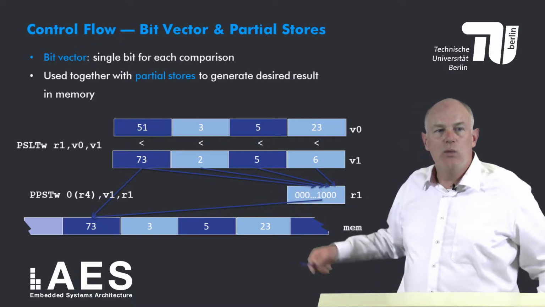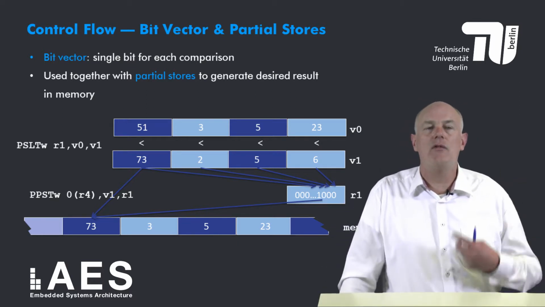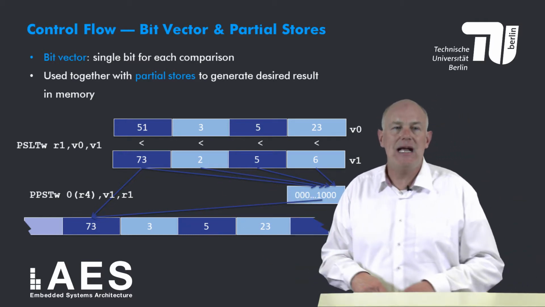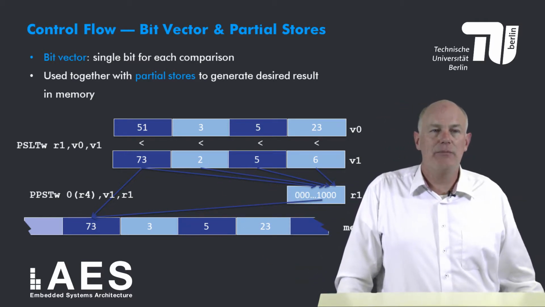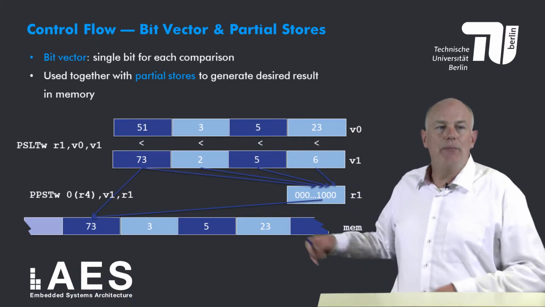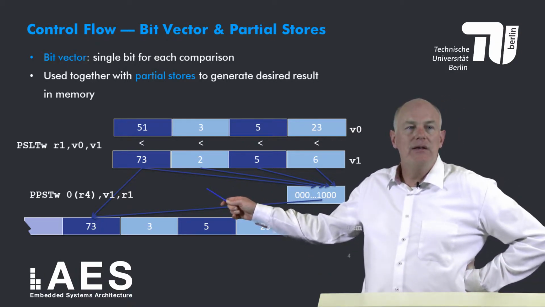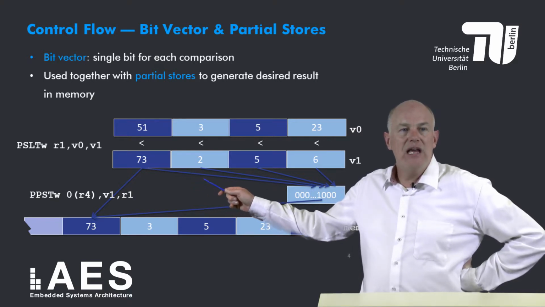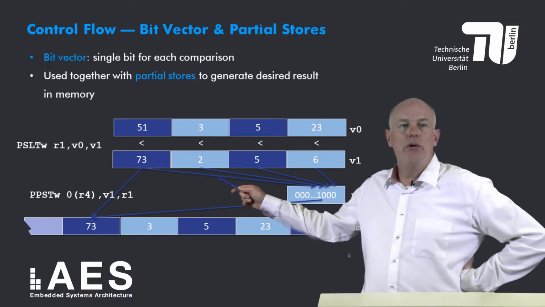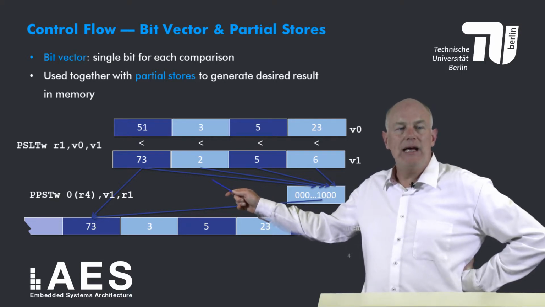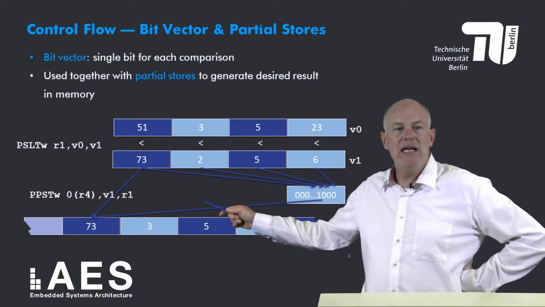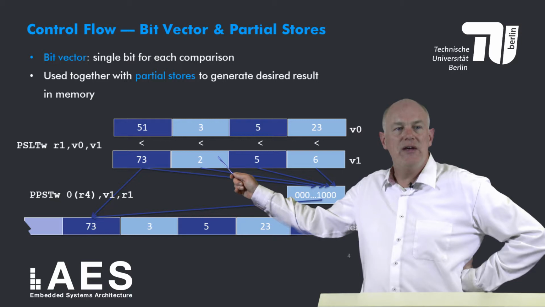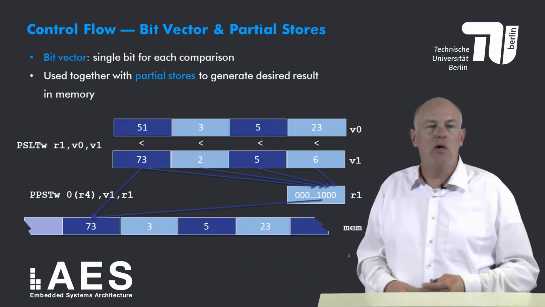So in register R1, a bit vector consisting of all zeros except one bit corresponding to the first less than comparison is produced. Then we have a partial store that writes to memory the elements of vector V1 provided the corresponding bit in R1 is set. That means in this example we only replace the value of 51 in memory by the value of 73.